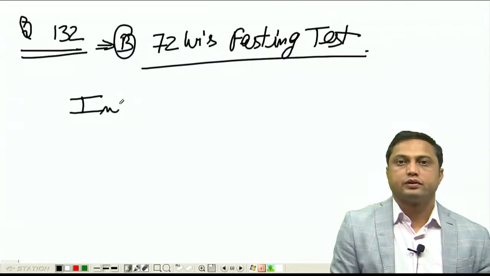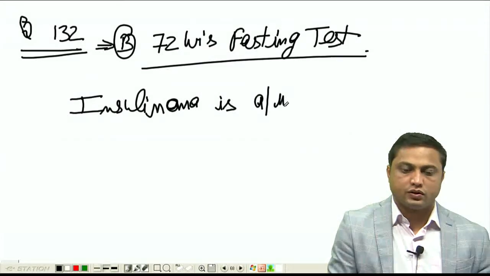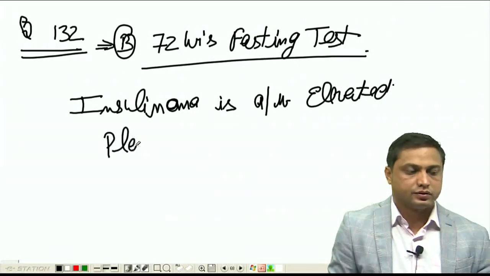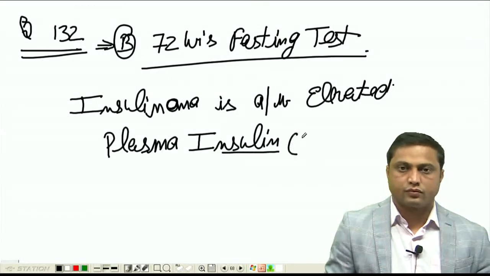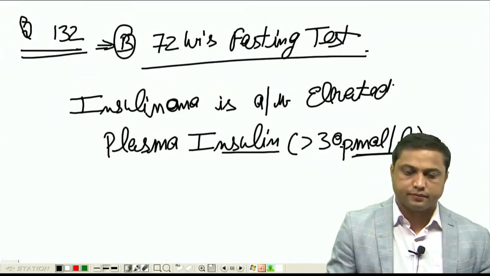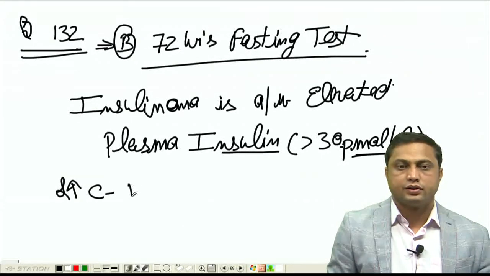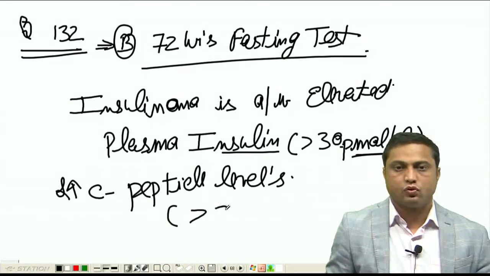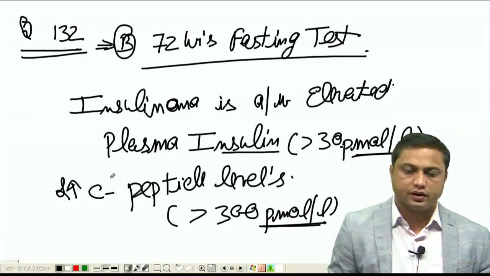So basically insulinoma is associated with elevated plasma insulin more than 30 pmol per liter and increased C peptide levels more than 300 pmol per liter.